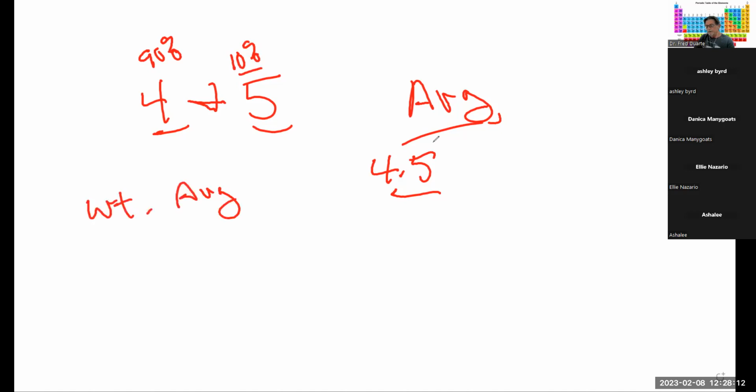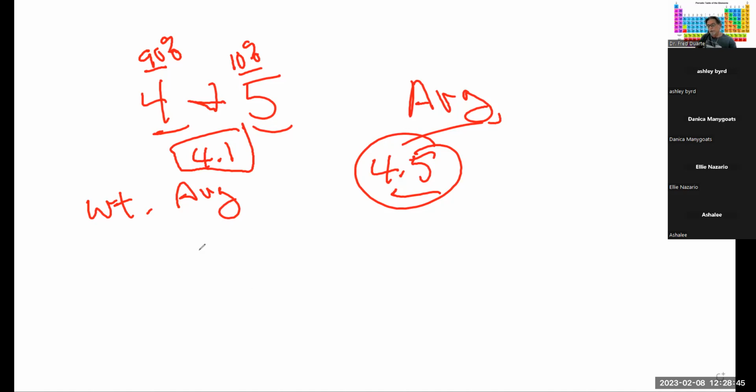This is not weighted, just the average of those two numbers. Now, we have to include the 90% and the 10%. So now our average might be closer to 4.1, okay? And that would be the weighted average of the numbers 4 and 5. The reason it's closer to 4.1 is because there's more 4s than there are 5s, okay?